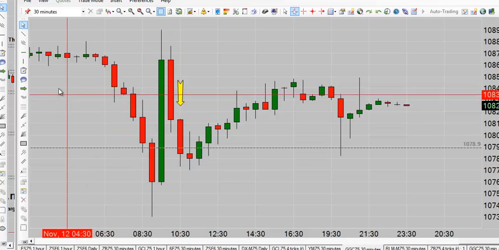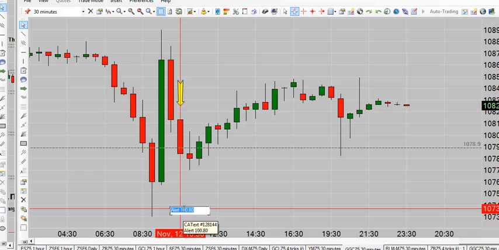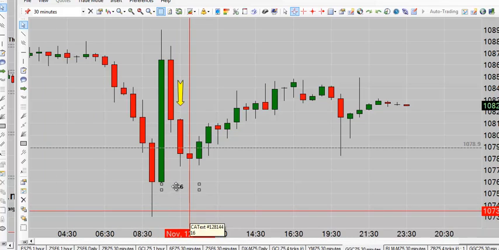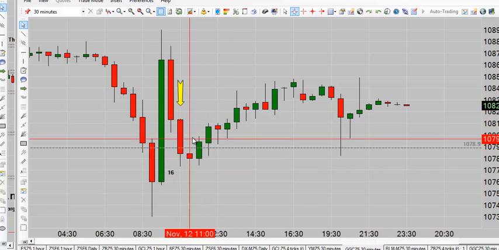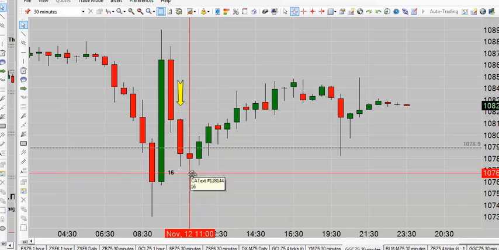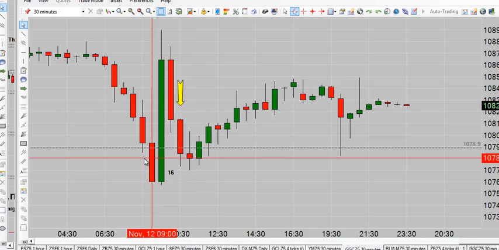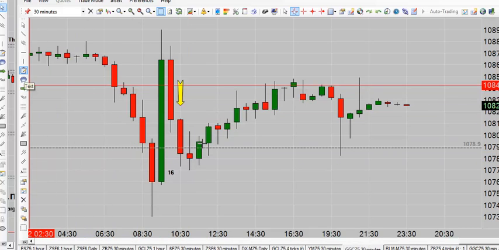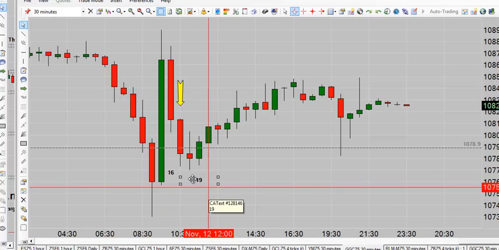That's 16 ticks, or $160 per contract. Important prices, important areas are almost always tested. The swing low here was 1077 exactly, so that's going to be 19 ticks, or $190 per contract.